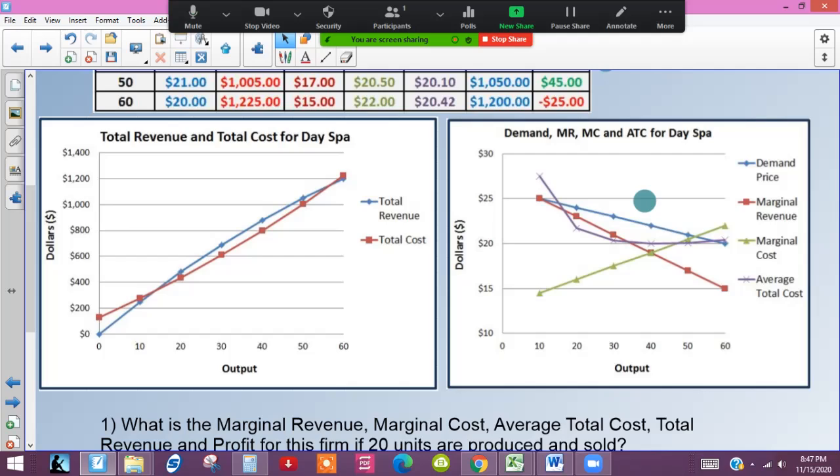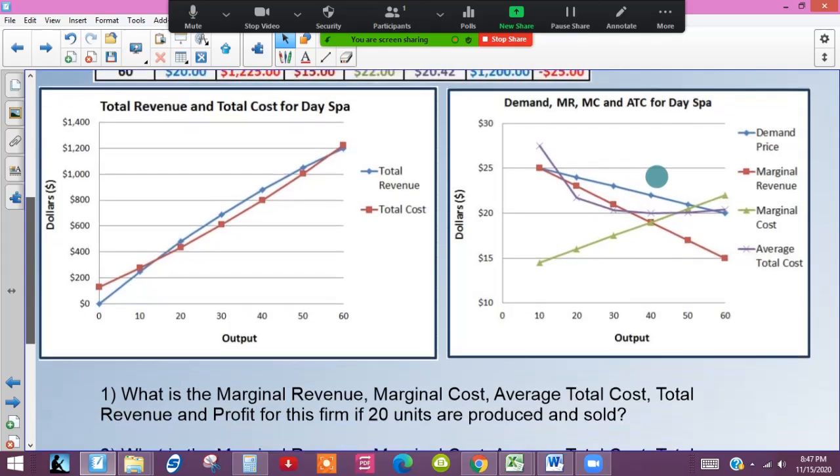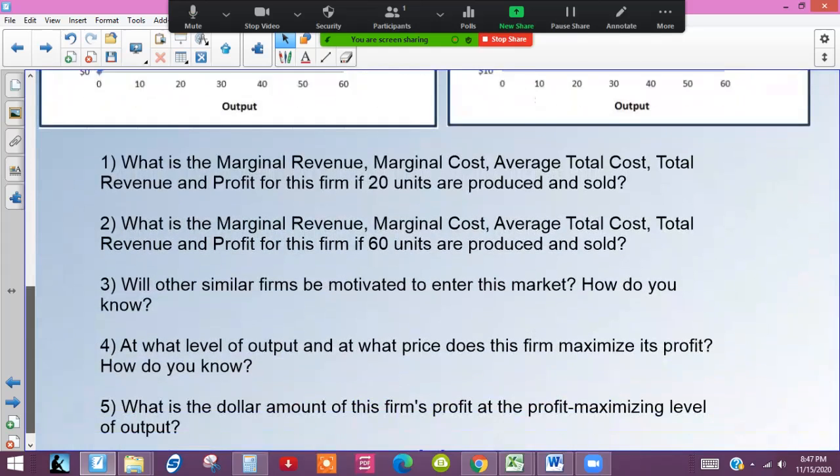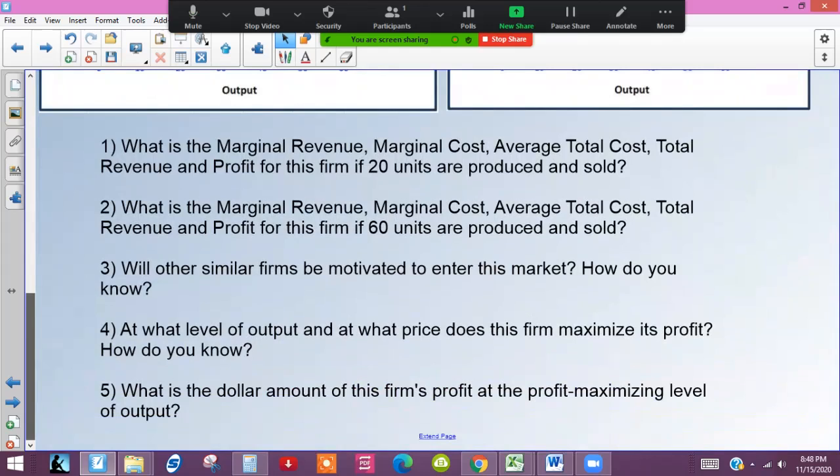In other words, the price will come back up to where every firm once again in the market is earning zero economic profit, in that their price equals average total cost. In this firm, price is above average total cost, so firms will enter the market because this firm is making economic profit. Okay, enough said about that.